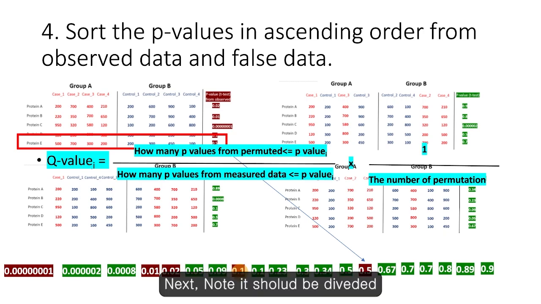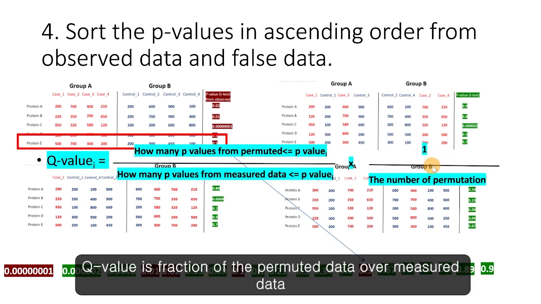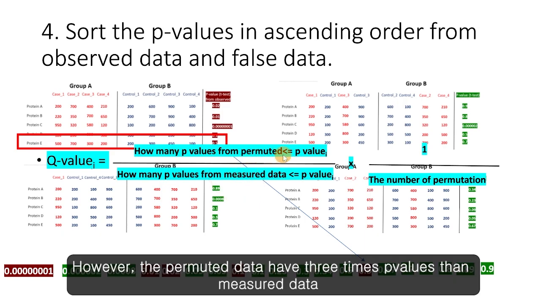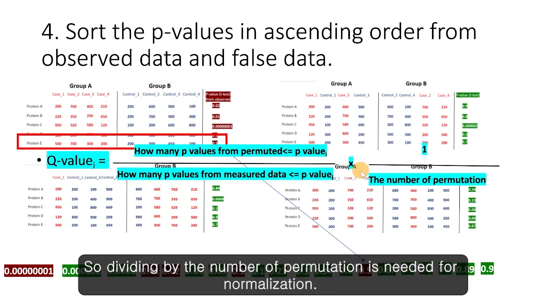Next, note it should be divided by the number of permutations, 3. So why is it divided by 3? The Q value is the fraction of the permuted data over measured data, right? However, the permuted data have 3 times more p-values than measured data. So dividing by the number of permutations is needed for normalization.